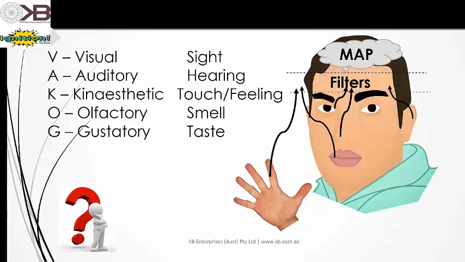If you think about a toddler when they're young and they're told, you know, hot plate, don't touch, that is like a kinesthetic external, but through a filter over time, they will learn that to touch something like that, it's hot and it will harm them.